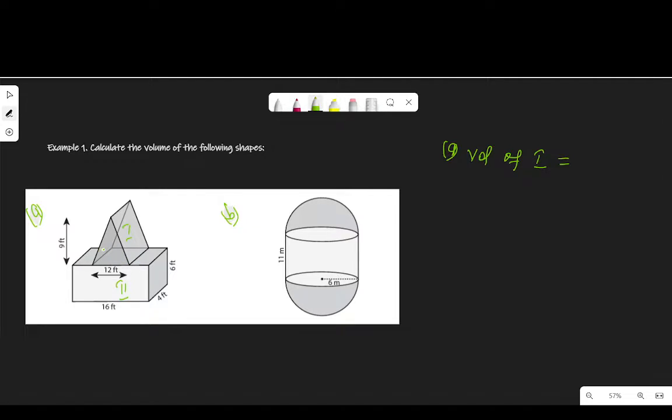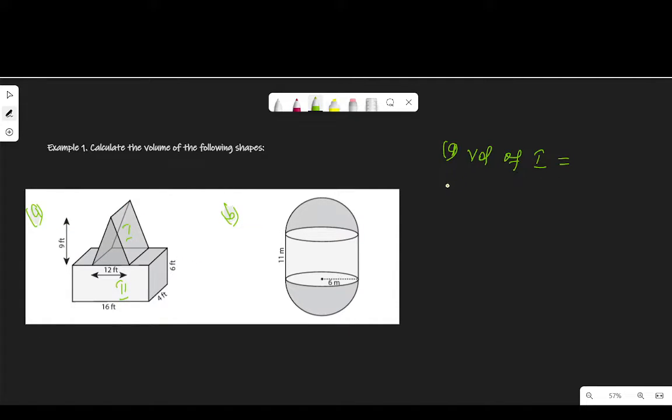So in this case, the base of this prism is rectangular in shape. The area of that rectangular shape multiplied by the height of the prism, which is indicated by this arrow here, 9 feet, will give us the volume of the prism on top.